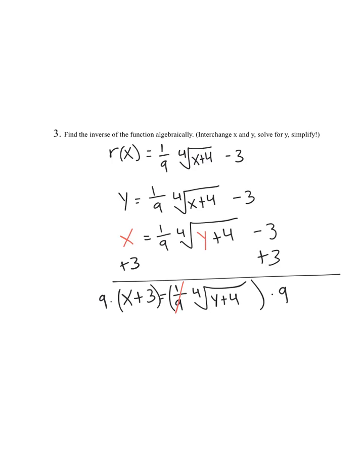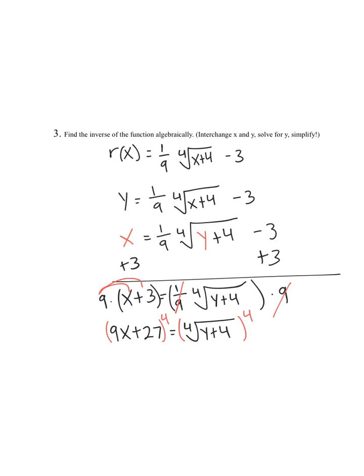So this 1/9 and this 9 on the outside are going to cancel, and you're going to distribute the 9 that's outside those parentheses into the parentheses. So we get 9x plus 27 equals the fourth root of y plus 4. Now that I have that fourth root by itself, I want to get rid of it. So I'm going to raise both sides of the equation to the fourth power.